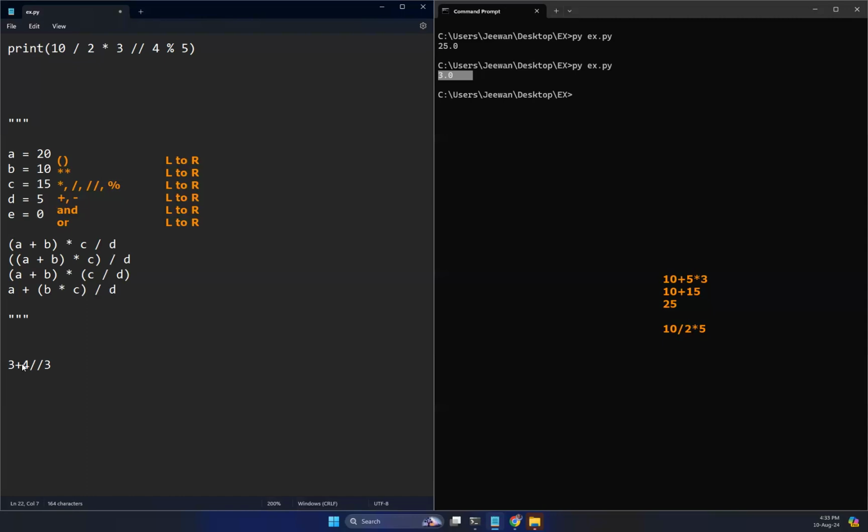Yeah, what do you think? 3 plus 4, floor division 3. What is it? Four. Initially you do the floor division, 4 divided by 3 becomes 1 point something. Then you get only the whole number, 1. 3 plus 1 becomes 4 as the answer. Right.